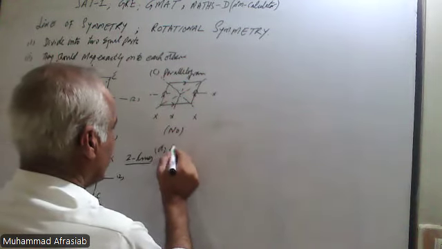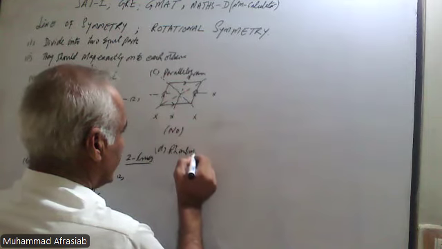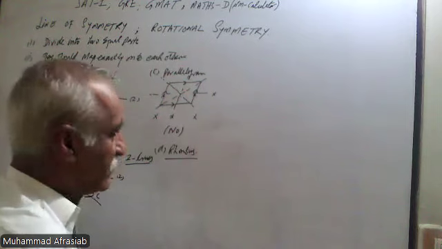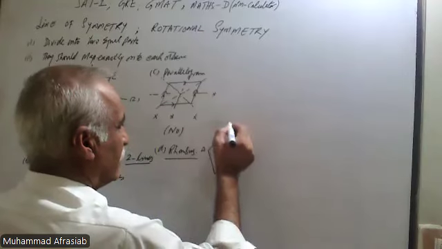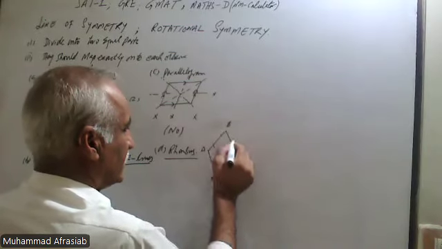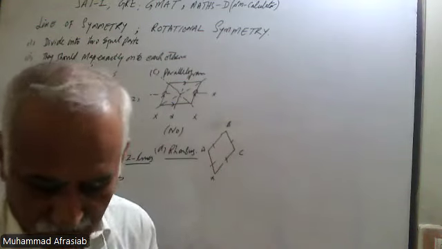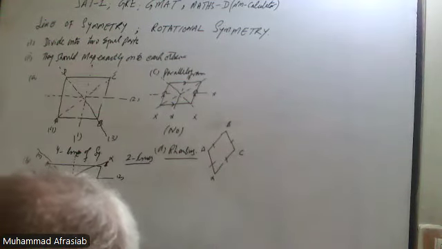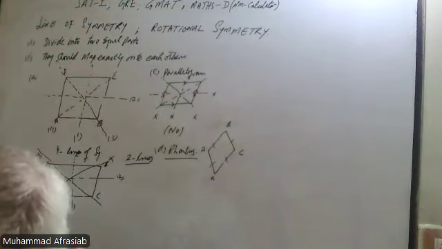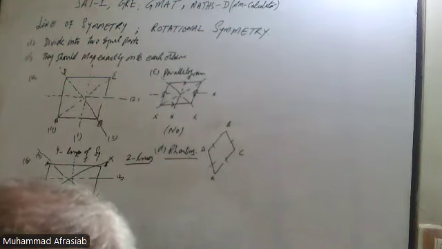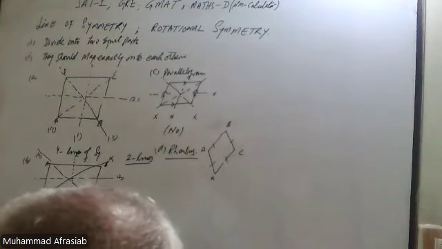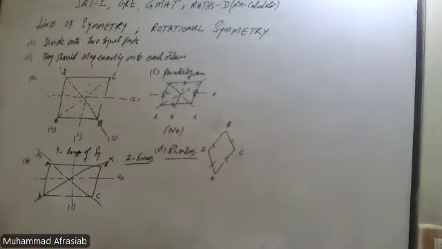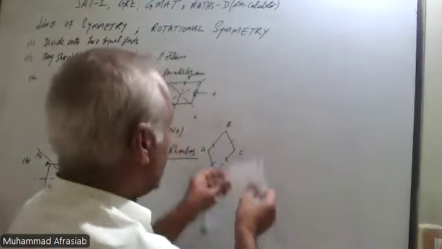So no line of symmetry in the case of a parallelogram. But if you consider the case of the rhombus shape, which is like this, A, B, C, D, where all sides are equal, then you can have this example. Let's say this is a rhombus.